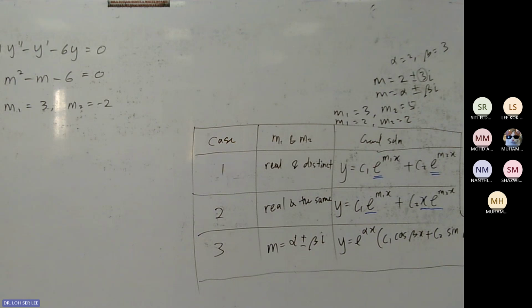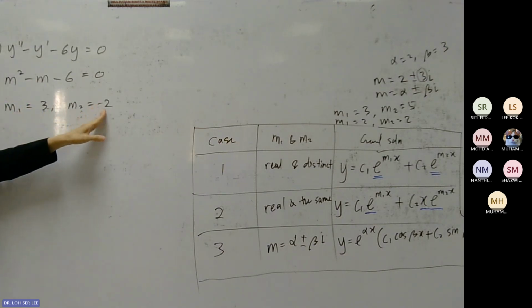Please make sure, if you do not know how to manually do the factorization, that you know how to use your calculator to get these values. You can use this as M1, this as M2, or this can be M1, this can be M2.